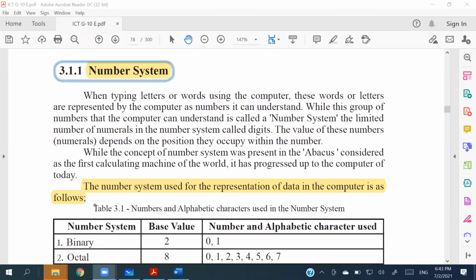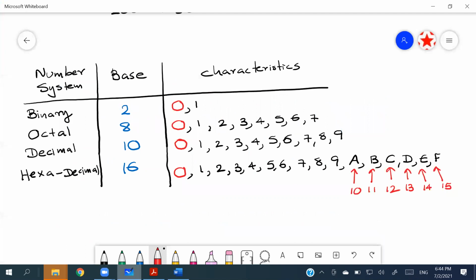Right. Are we done copying? All right. I'm changing the screen to the whiteboard. You can write this.